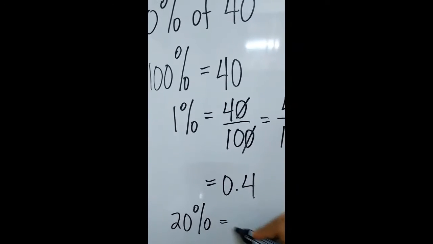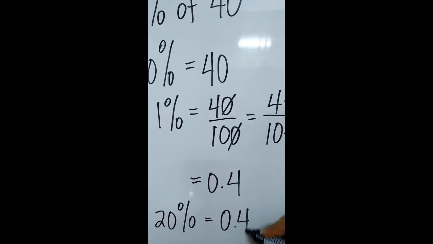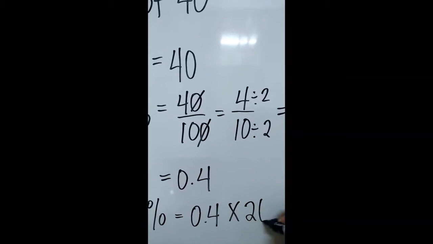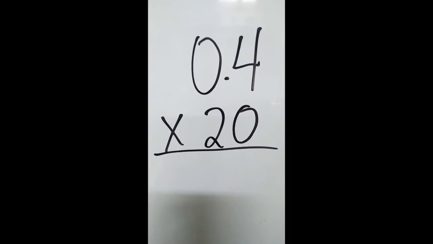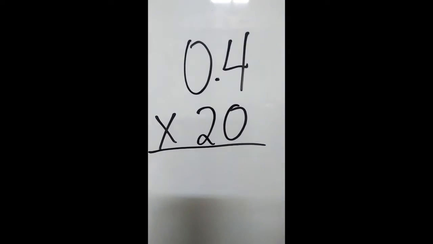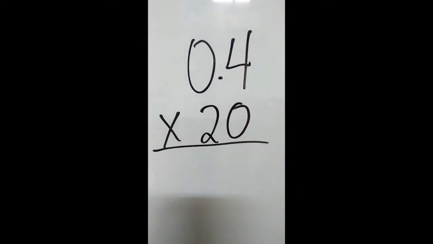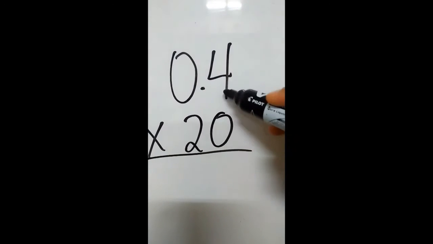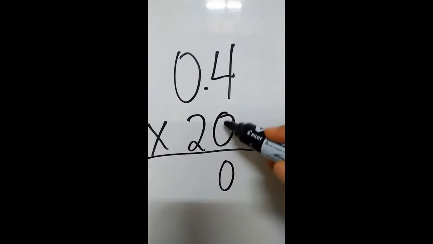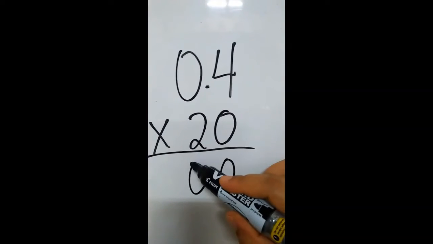Yes, we're going to multiply 0.4 times 20. If we're going to multiply decimal, we just multiply normally without looking at the point. So let's multiply 0 times 4, 0. 0 times 0, 0.